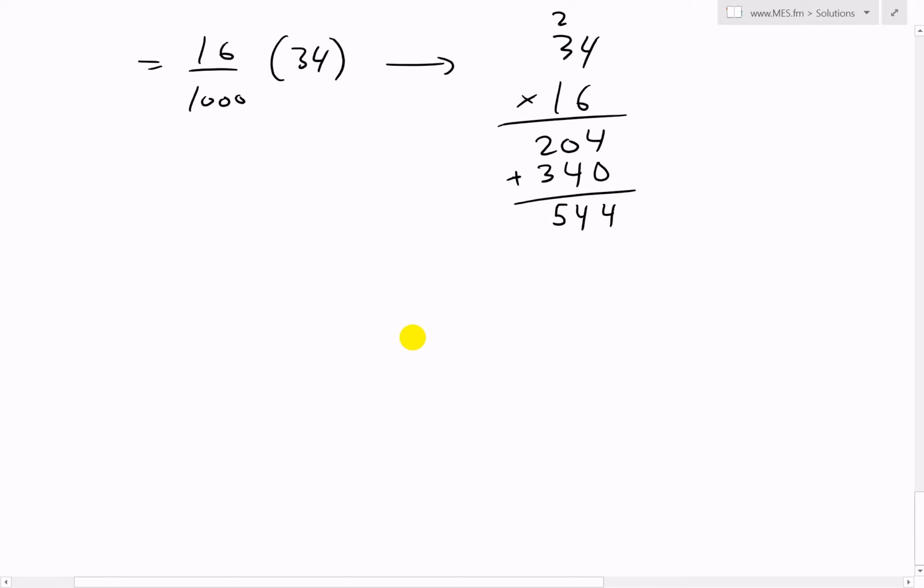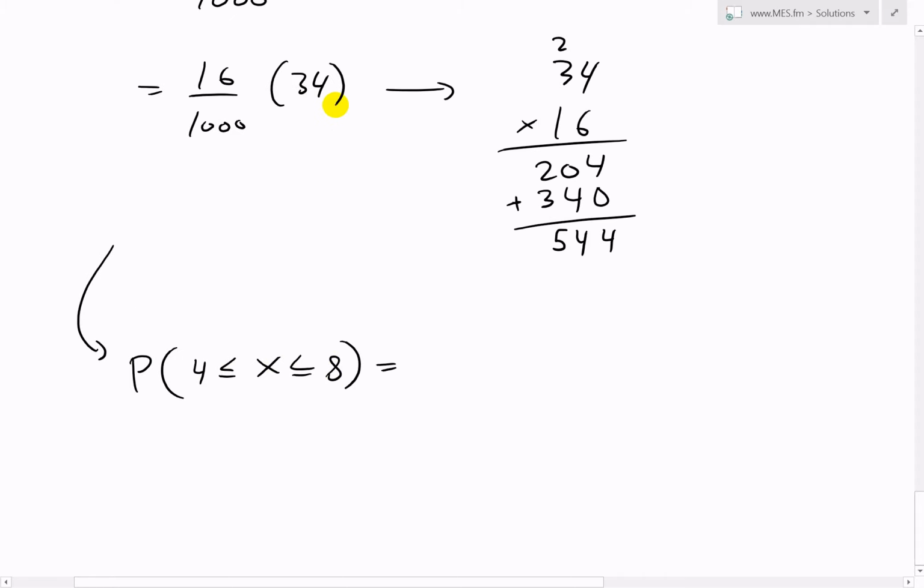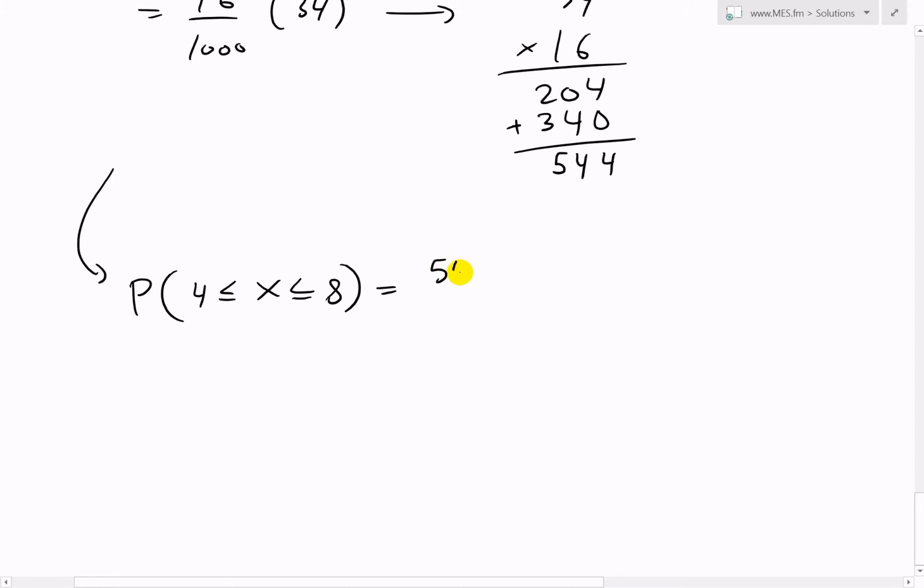So this means that this probability, let's write this finally down, the probability that x is between 4 and 8, 4 less than or equal to x, less than or equal to 8, equals 16 times 34, which is 544, over 1,000.